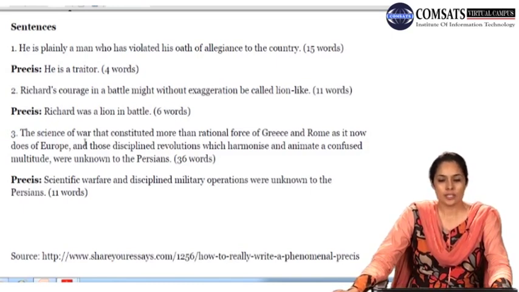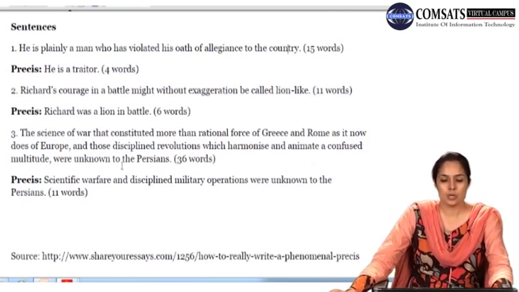The science of war that constituted more than rational force of Greece and Rome as it now does of Europe, and those disciplined revolutions which harmonize and animate a confused multitude, were known to the Persians.